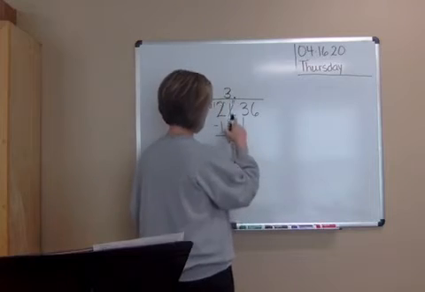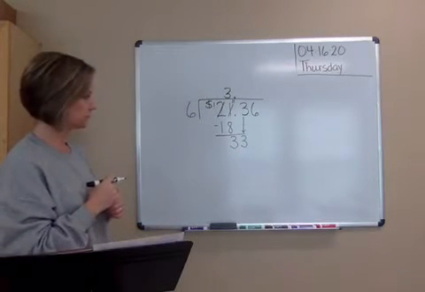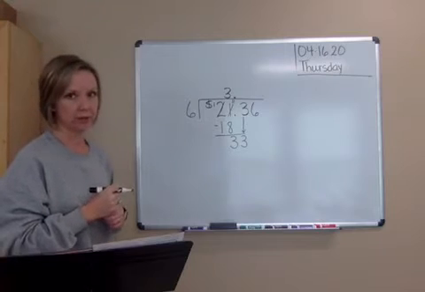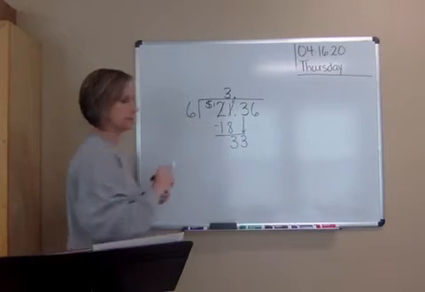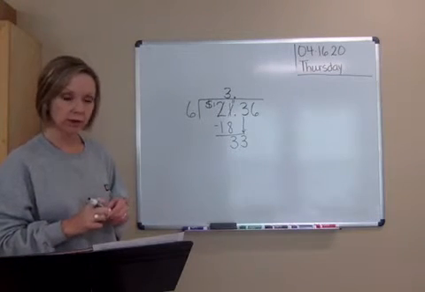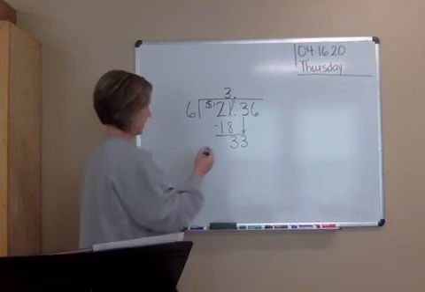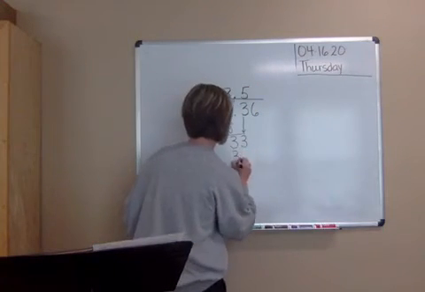Remember here, don't worry about bringing the decimal down. You don't need to do that. We don't want 3.3. We want 33. 33 divided by 6. How many times will 6 go into 33 without going over? 5. That's right. 5 times 6 equals 30.